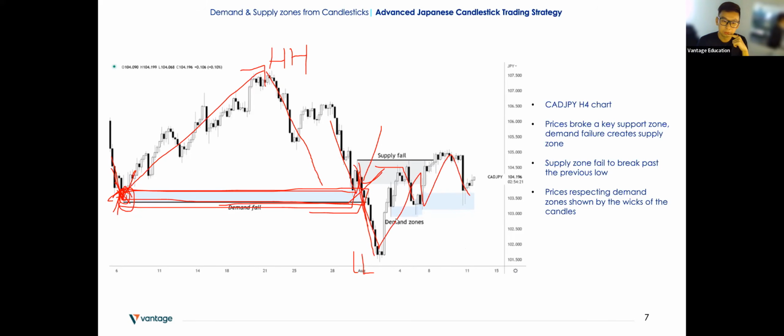Okay, so again, not every demand zone is a confirmed buy, and not every supply zone is a confirmed sell. But what it tells us is that if any of these zones fails, it will create the opposite zone for us to actually enter in the opposite direction.